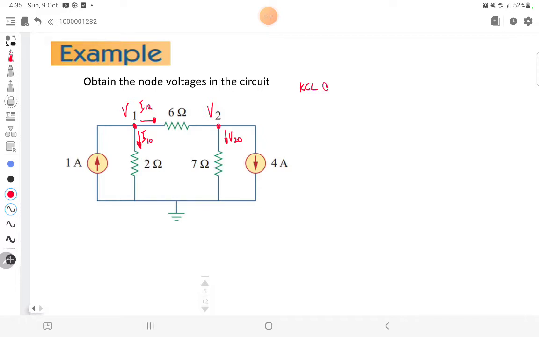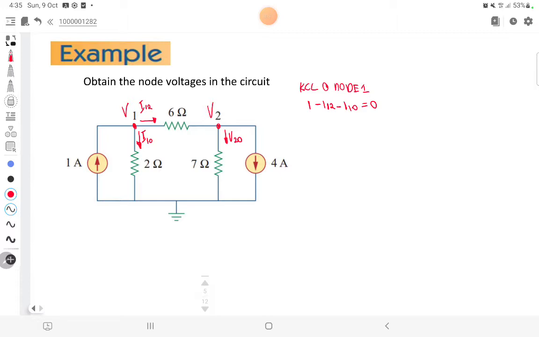Now for our solution, we create our KCL at node 1. What would be my equation? My 1 ampere is entering node 1, so this will be 1, and my I12 is going out of the node, in its direction from 1 to 2, and my I10 is going out of the node. So 1 minus I12 minus I10 is equal to 0.